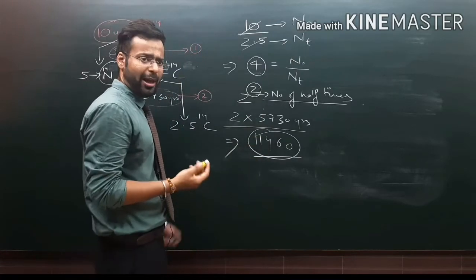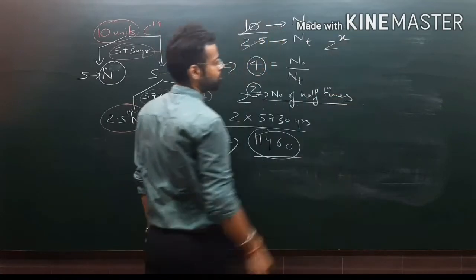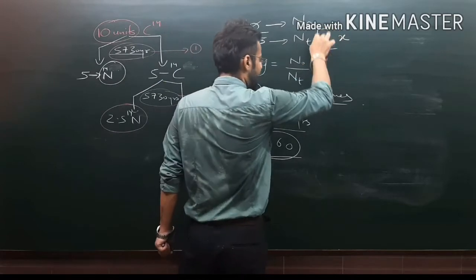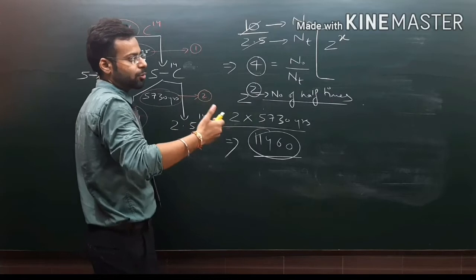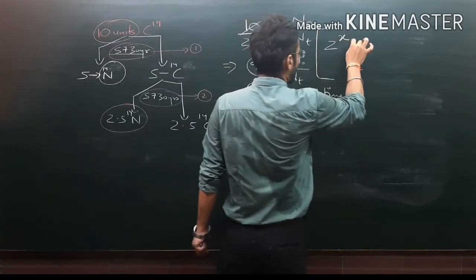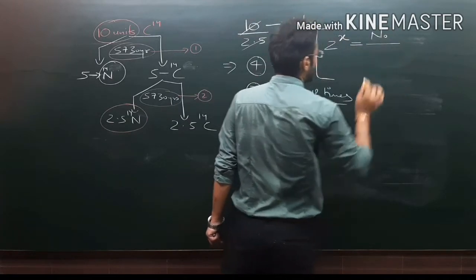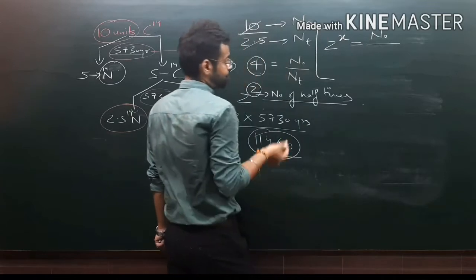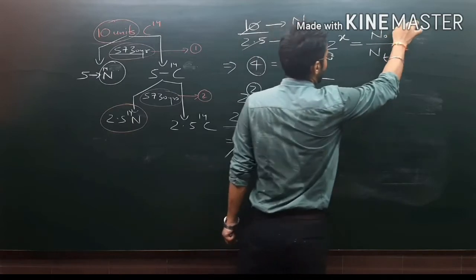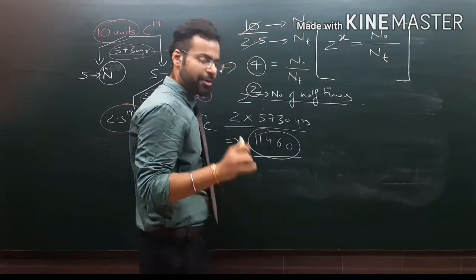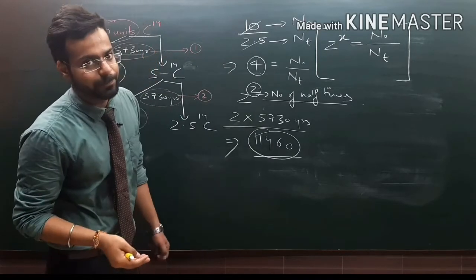So we can make a simple formula: 2 to the power x, where x is the number of half times required to reach a certain amount, is equal to N0 by Nt, the amount at time 0 and the amount at time t. That is the simplest formula you will ever see to do numericals based on radioactivity.